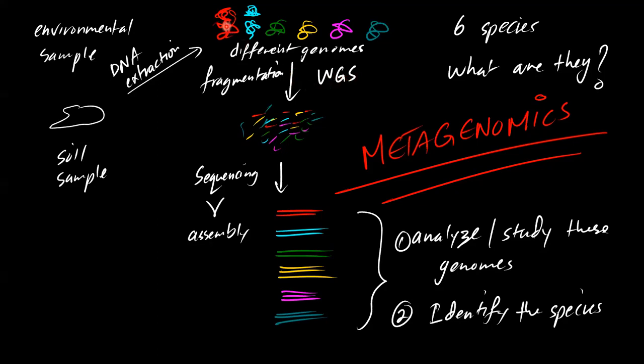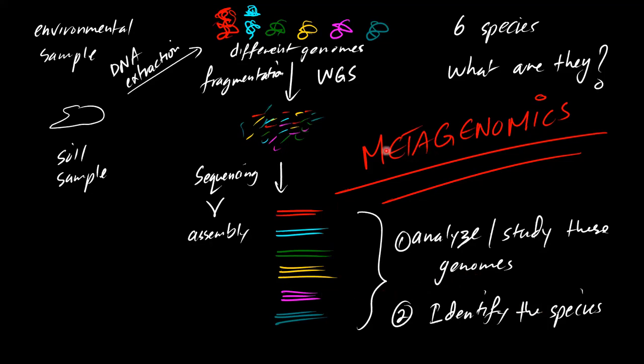So here we have different genomes from different organisms, and I gave them different colors. Then we fragment all the genomes into smaller fragments and sequence them, and then computer software will analyze these genomes and identify these organisms or these species. Species, which is the type of living organism. Okay.